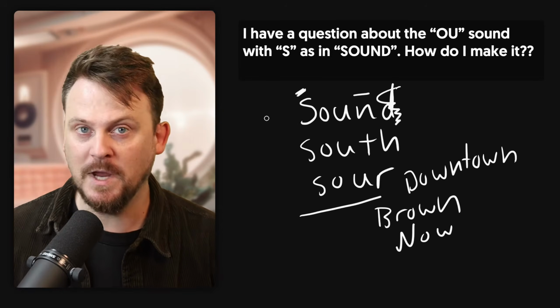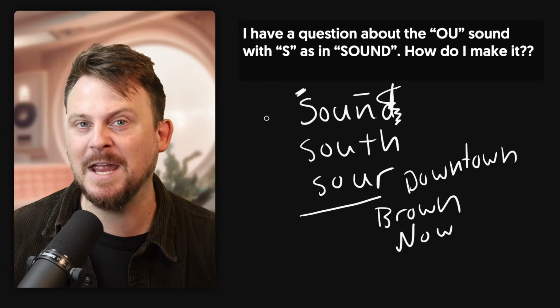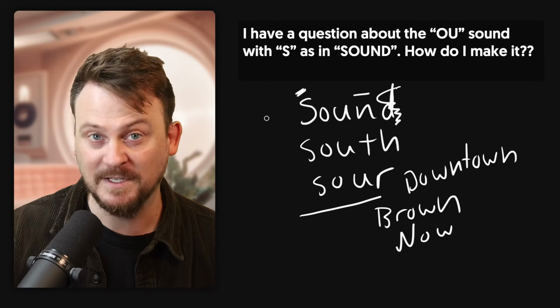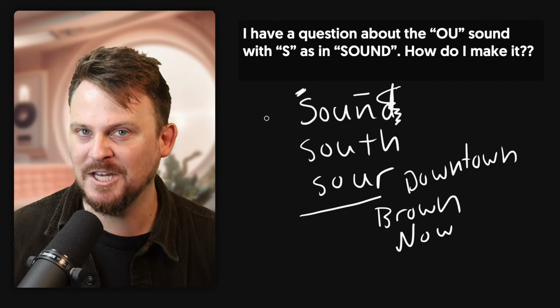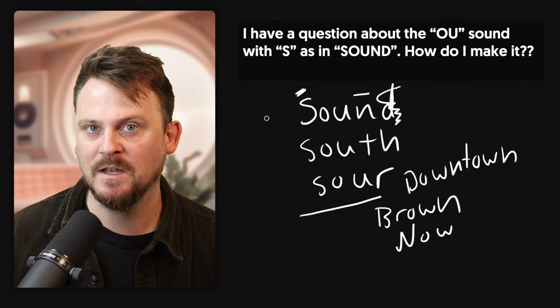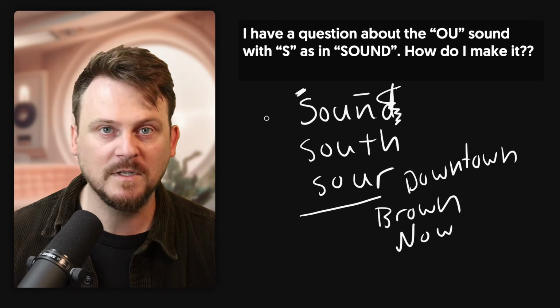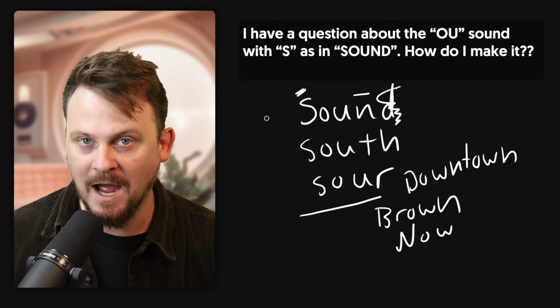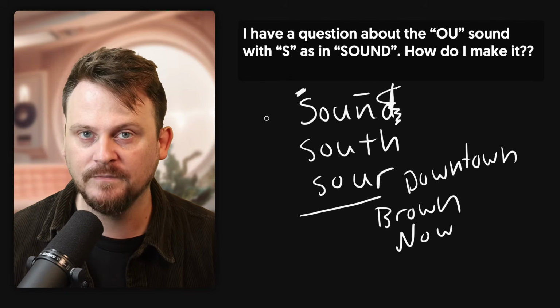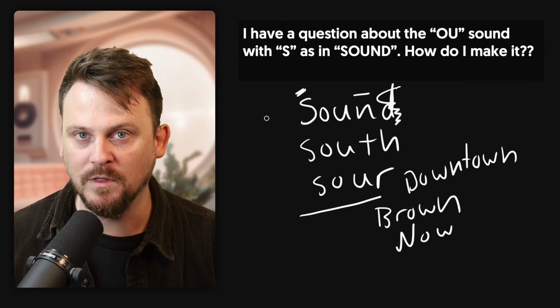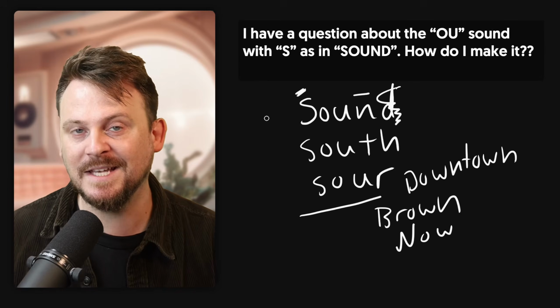Okay? So again, we go to the next one, which is the same ow. We have the same s sound, but now we're adding the th at the end. But it's kind of the same idea. S, ow, south.